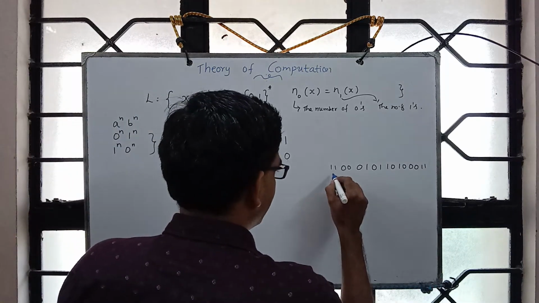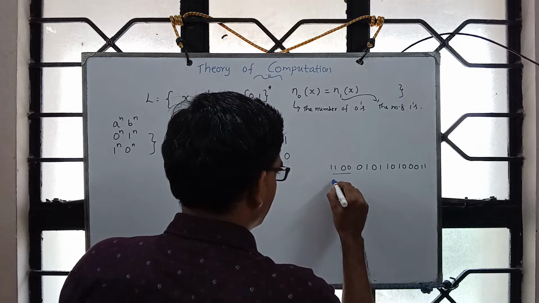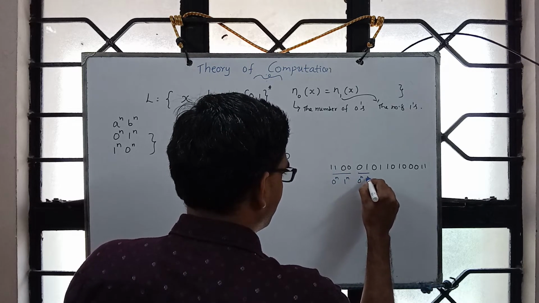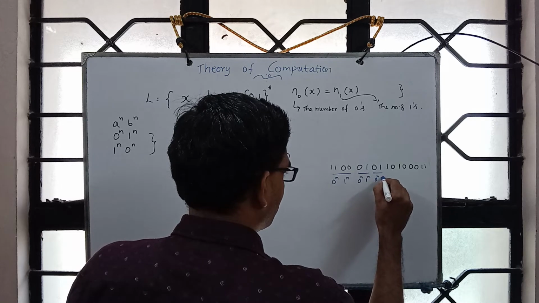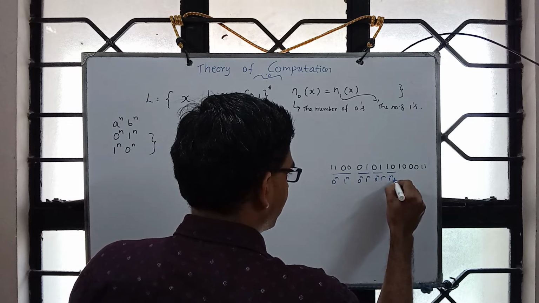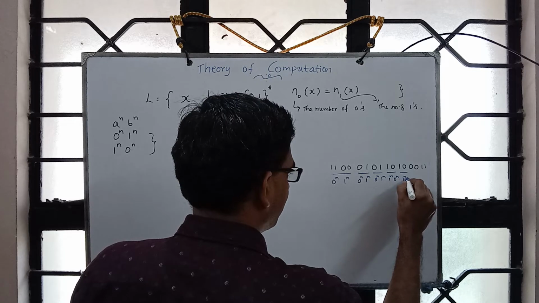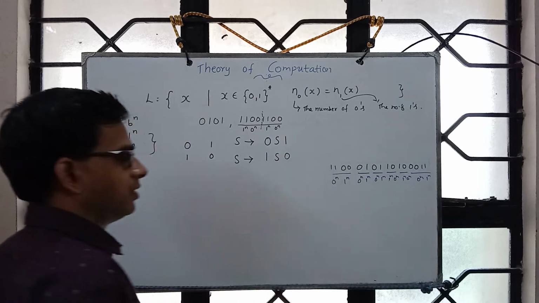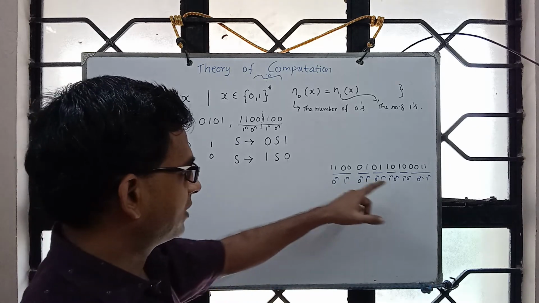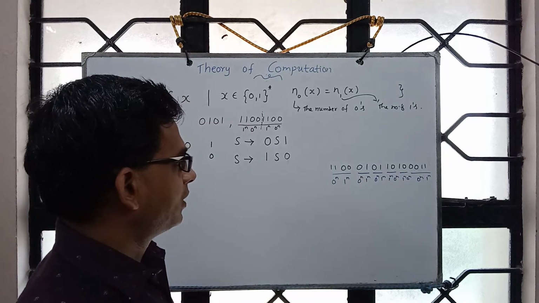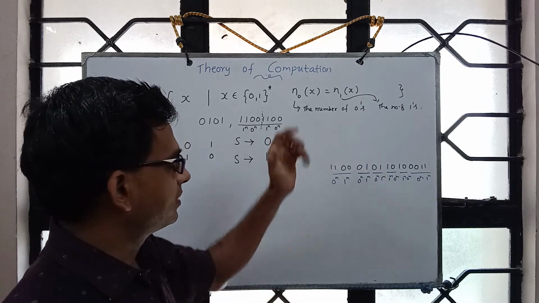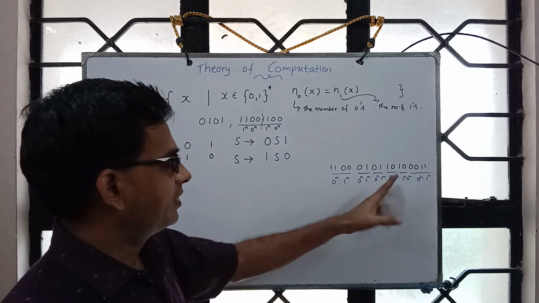Now this can be seen as 0^n 1^n, 0^n 1^n, 0^n 1^n, 1^n 0^n, 1^n 0^n, 0^n 1^n. Meaning it is of this form.